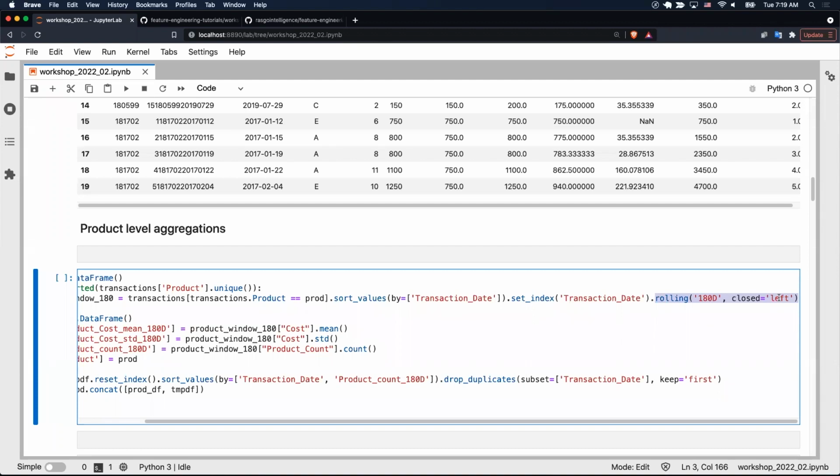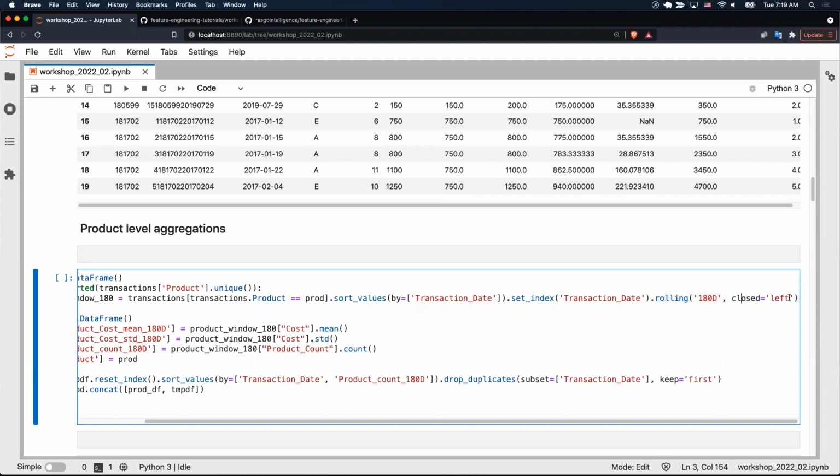So I can't tell which transaction is the first one in the day, which one is the second one in the day. And I can't tell, when I see a given customer's transaction, whether or not all of the transactions have already occurred on that day. So what I want is to grab all of the data up to the previous day.